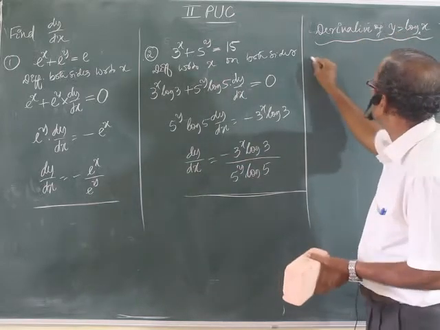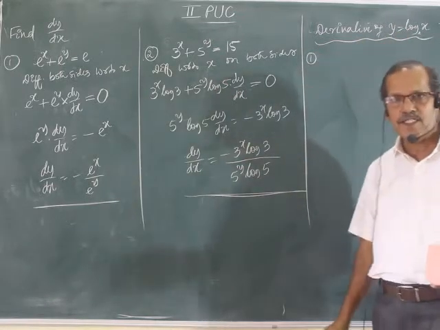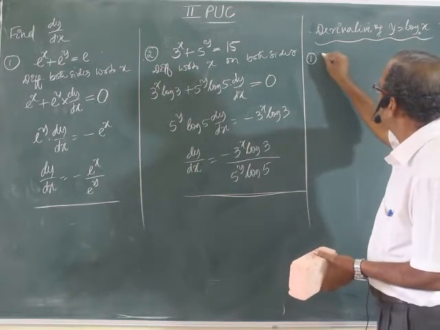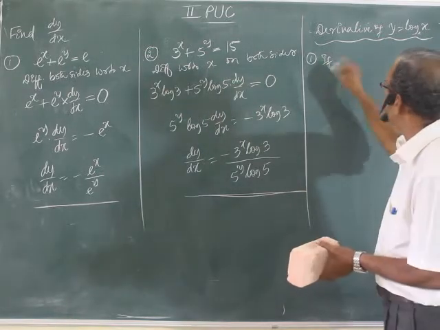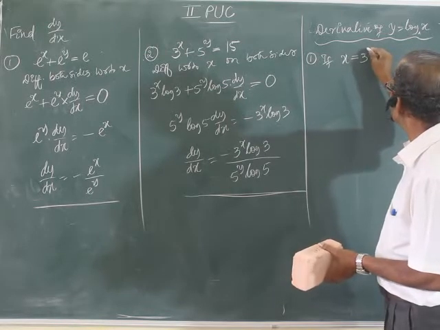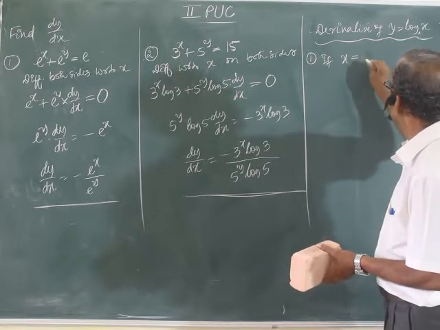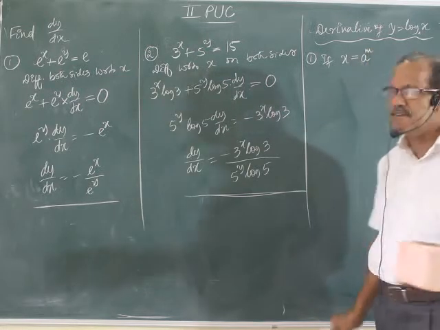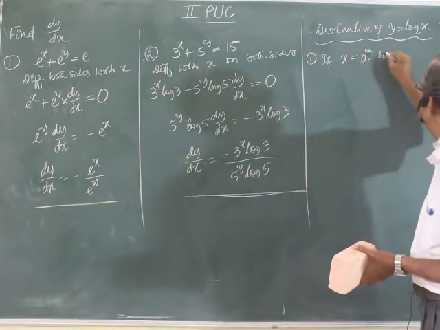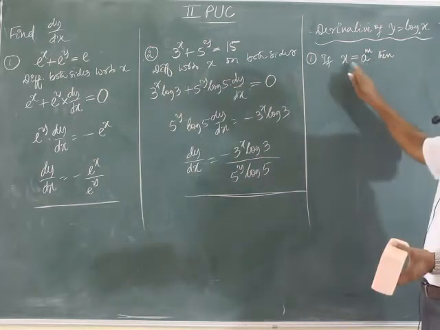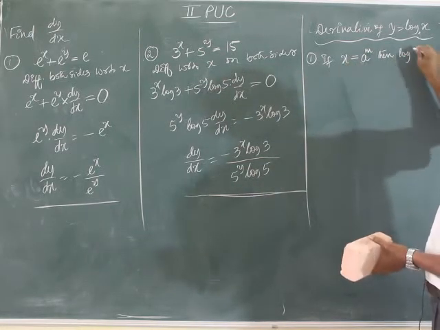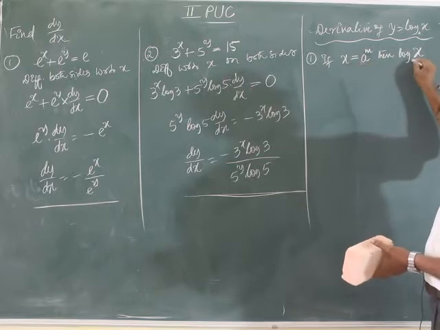Logarithm means, first of all, let me recall the definition of log function. What is the meaning of y equal to log x? Tell me. Let me write the basic idea. If x equal to a to the power m, fundamental definition, then convert this statement into logarithm: log of x to the base a is m.